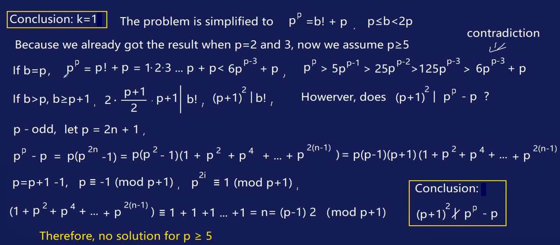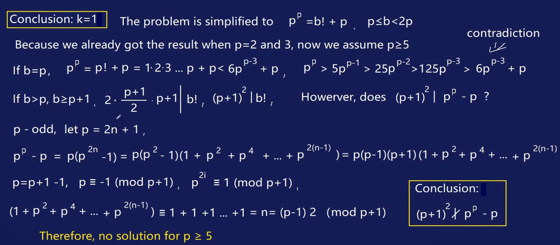And because p is greater than 5, p^p is greater than 125 p^(p-3). And this is obviously greater than 6 p^(p-3) plus p. So the left side is greater than the right side. The equation cannot be approved, meaning b cannot be equal to p.